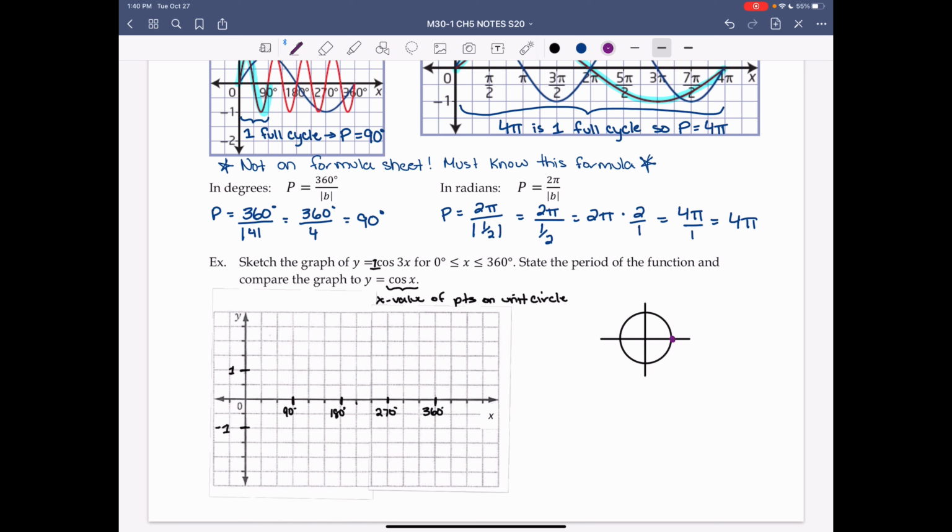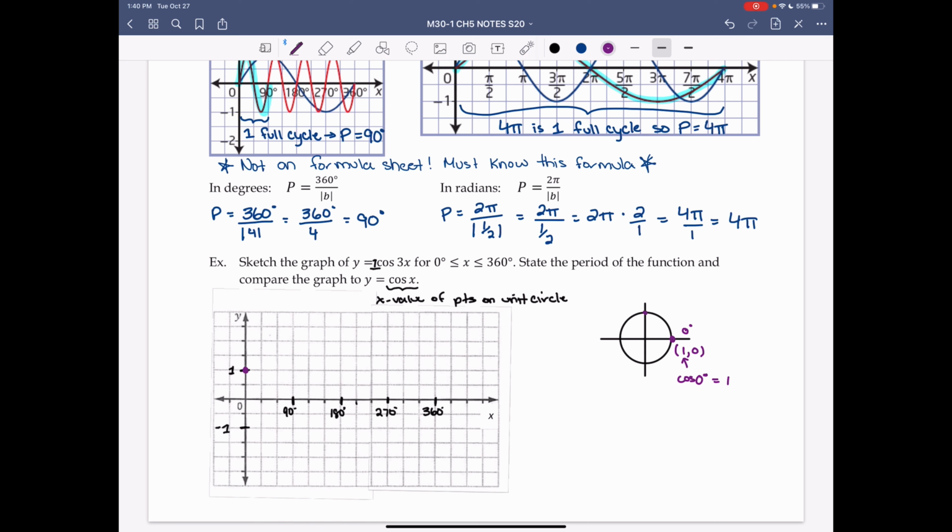At 0 degrees, we have the point (1, 0), which means that cos of 0 degrees equals 1. So at 0 degrees on our x-axis, we go up to 1 and plot a point.